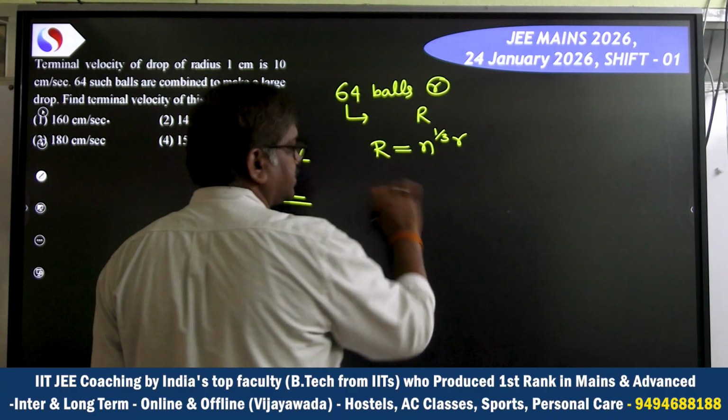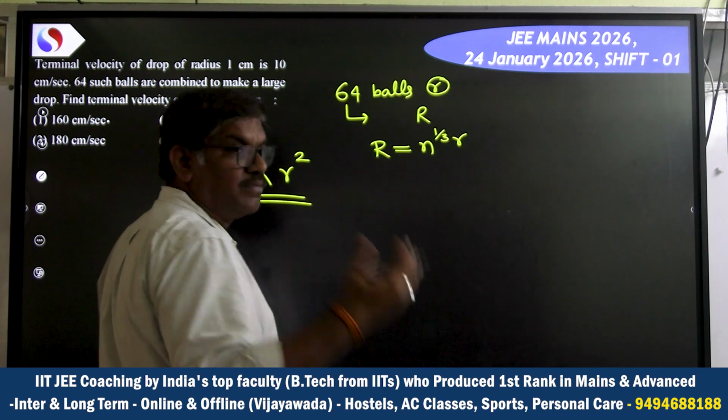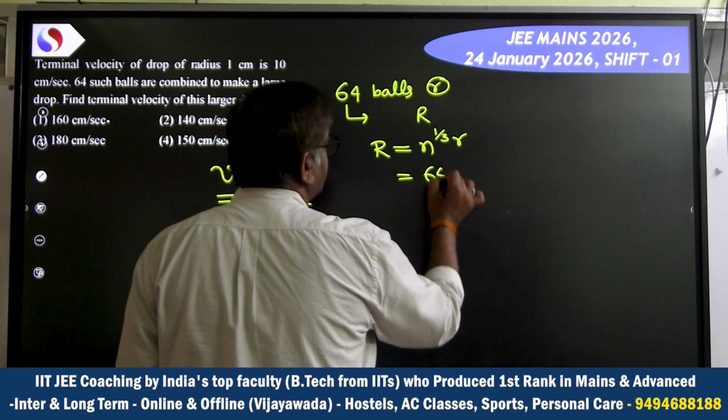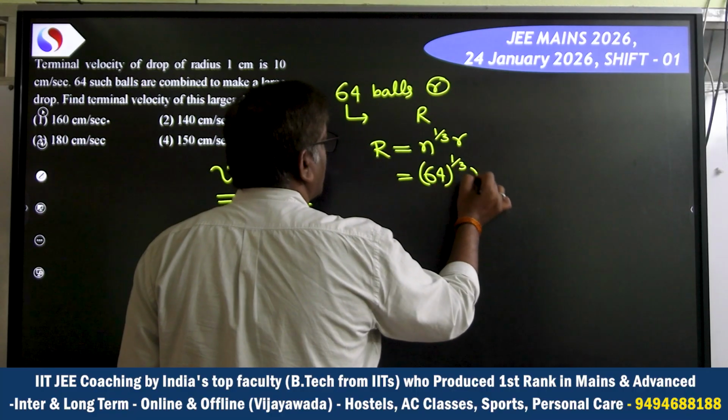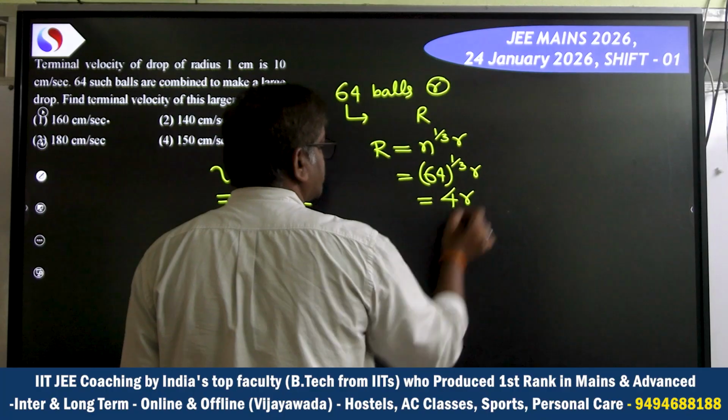Just by simple comparison, 4 by 3 pi capital R cube is equal to n times 4 by 3 pi into small r cube. So this is 64 to the power 1 by 3 into r, that means this is 4 times r.